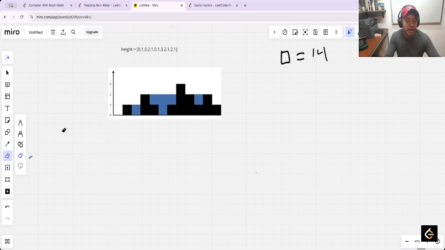Now, to calculate, my first approach is, okay, please count how many squares in black you have in total. Why? Because I have the idea that if I detect, yeah, I think that for example here is 1.